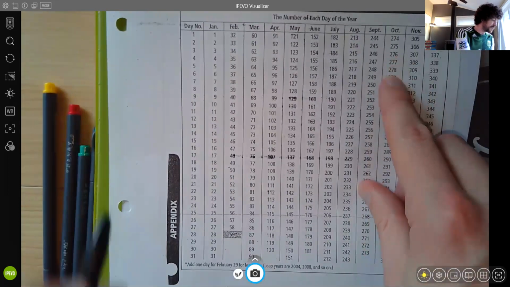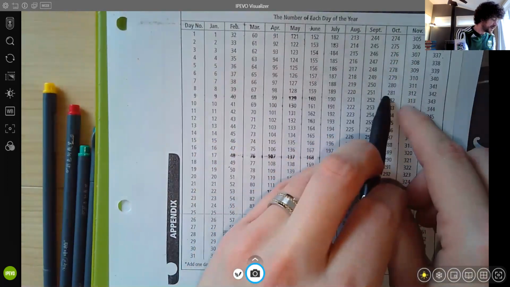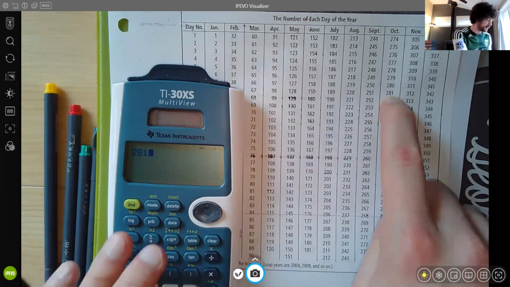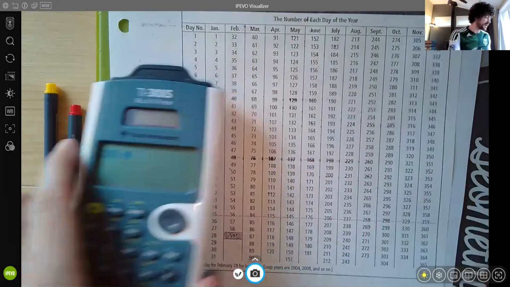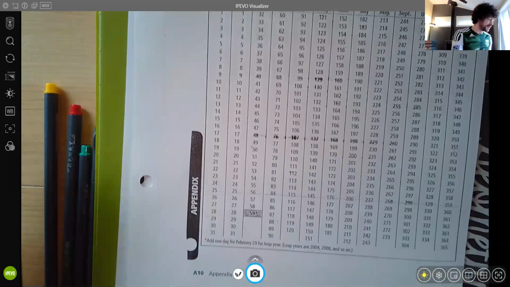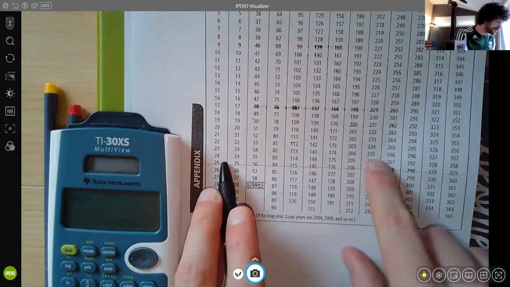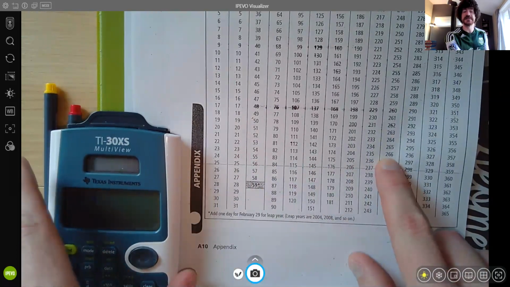So October 8th is day 281. I'm going to take 281 and subtract September 23rd. So September 23rd, I go straight over to September, is 266.